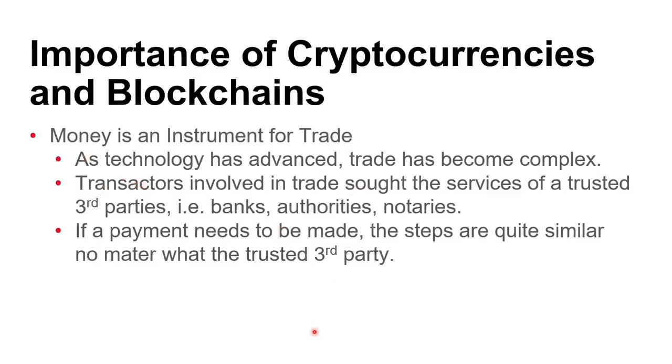We know that money is an instrument for trade. As our society has advanced, technology has also advanced, and with any kind of advancement, trade has become more complex. As trade became more complex, transactions also became more complex and required a trusted third party, because we were doing business with somebody we didn't know.